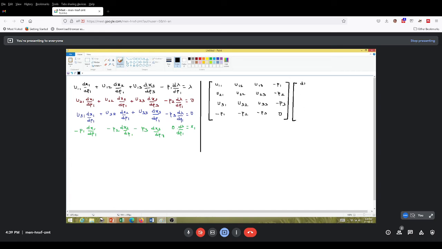Okay, so this is dx1 by dP1, dx2 by dP1, dx3 by dP1. This is d lambda by dP1.